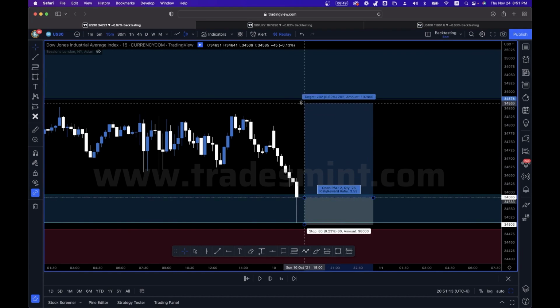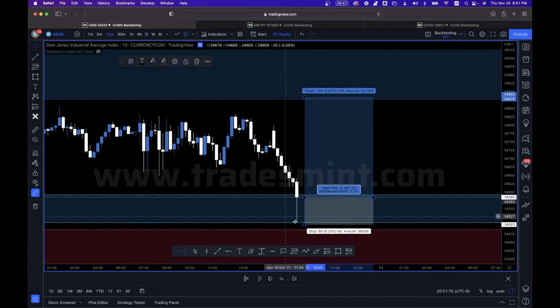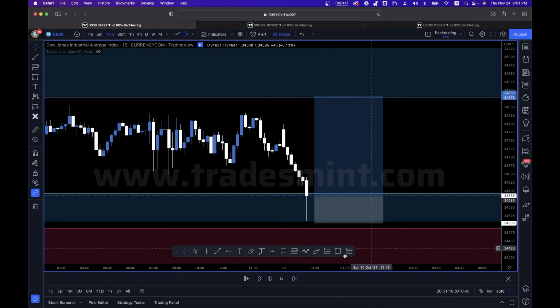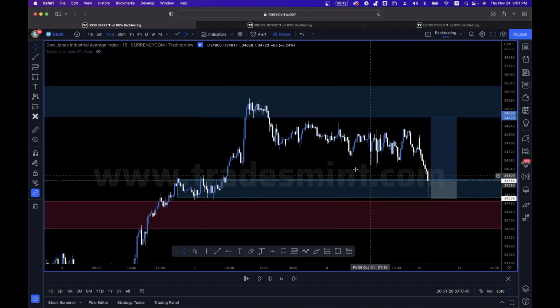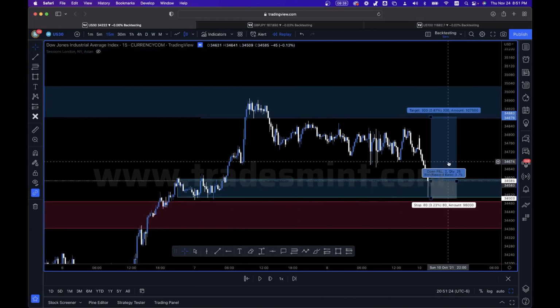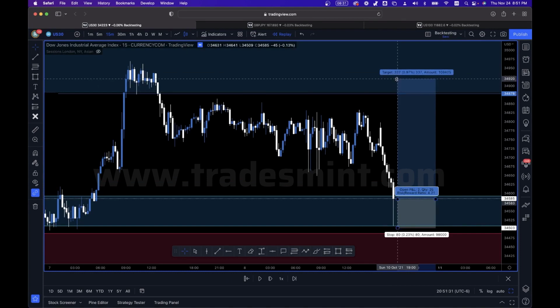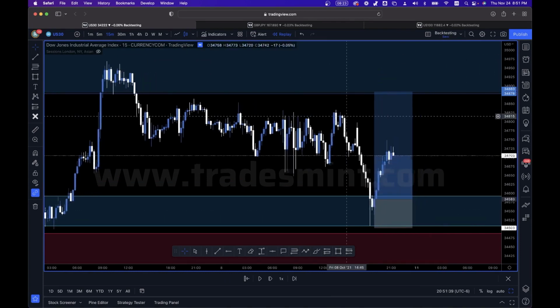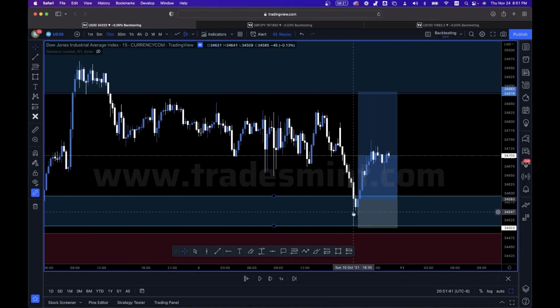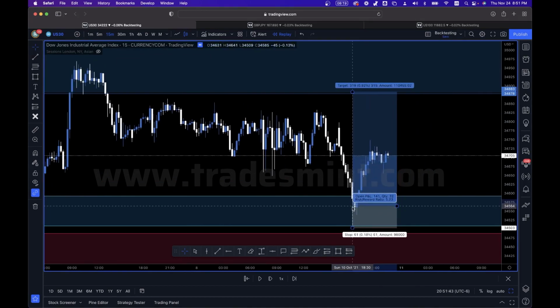Remember what I said: when the US 30 is rallying and comes back to demand, normally we'll only have candles as our reliable entry. So here we have a good 1 to 4 position. If we had entered at 50% of this wick, we could have got a better entry, and that's a 1 to 6.